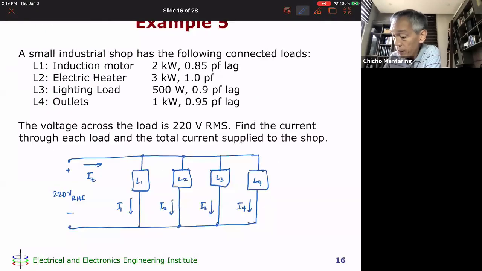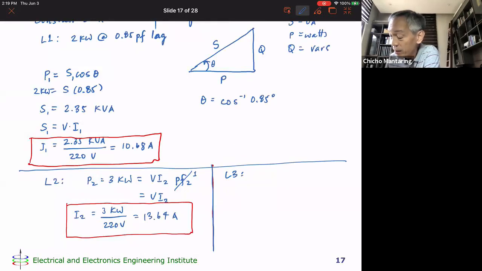Load 3. So 500 watts, 0.9 power factor lag. So again, S3 is equal to P3 divided by your power factor. So this is 500 divided by 0.9. And I'm going to get S3 is going to be 555.56.